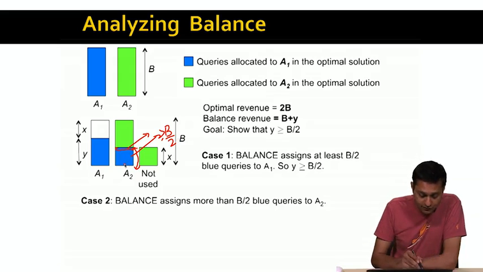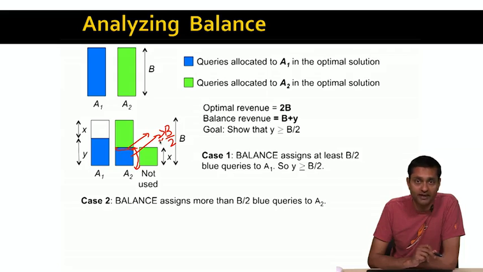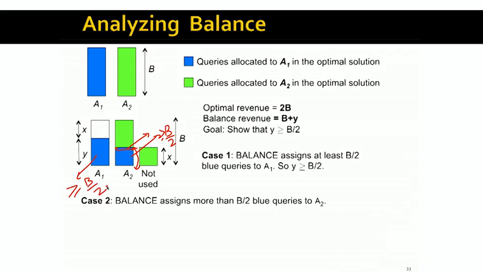And since the number of queries assigned to A1 at this point has to be greater than the number assigned to A2, it must be the case that the number of queries assigned to A1 at this point, which is Y, is also greater than or equal to B/2.